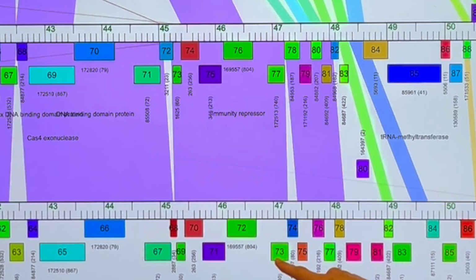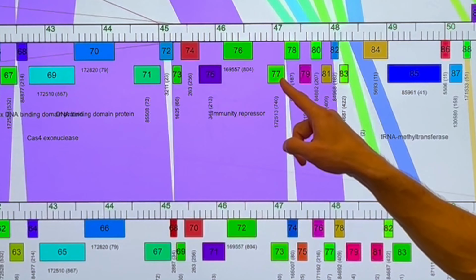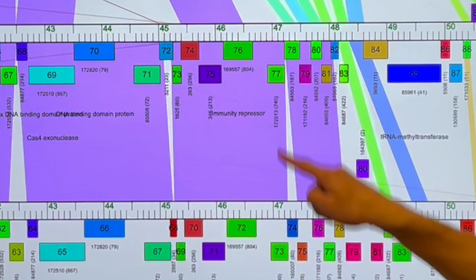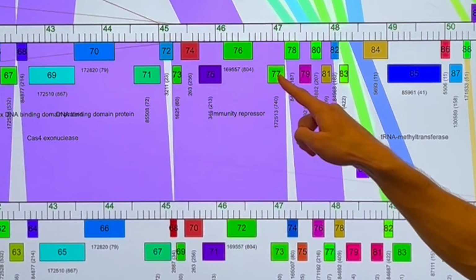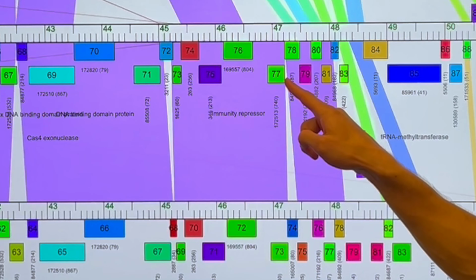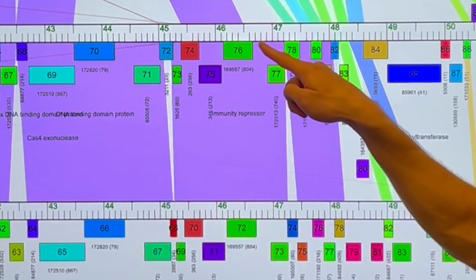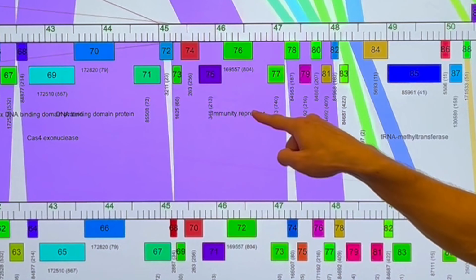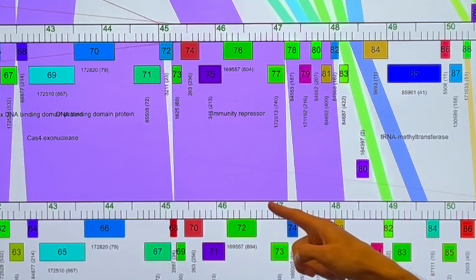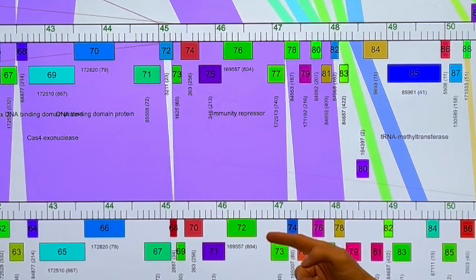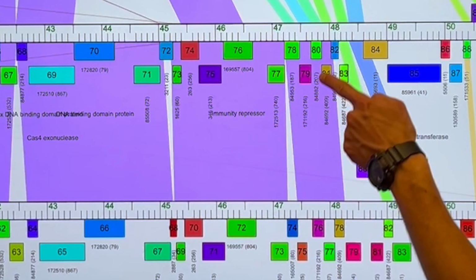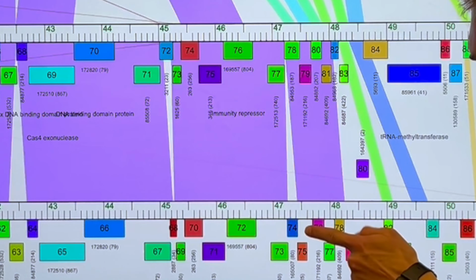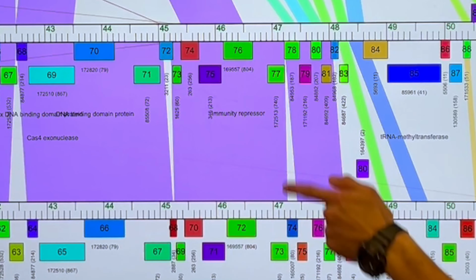You're working on gene 73. You see that is comparative to gene 77 in this genome. You see it's the same. In the downstream direction, you have the same gene. In this case, it looks like it's an immunity repressor. So that's all fine and good. But upstream, you have this hypothetical, but it's different from this hypothetical.